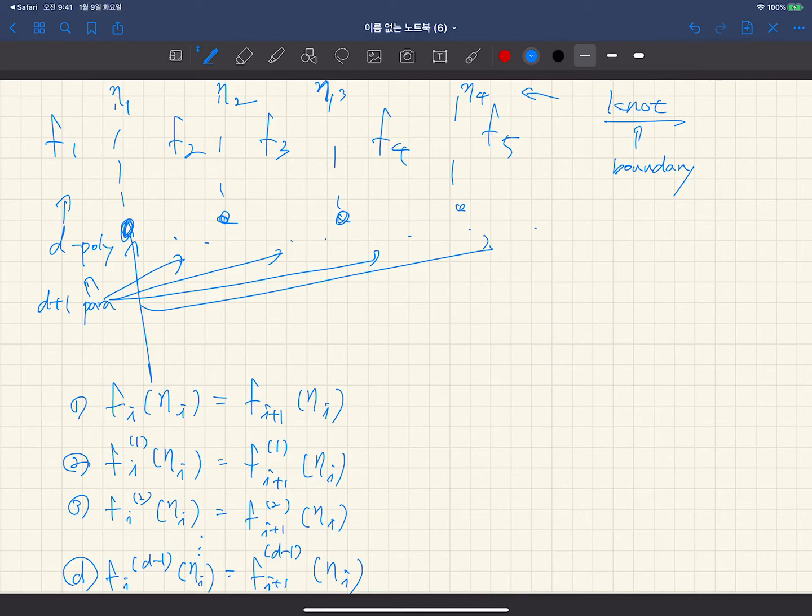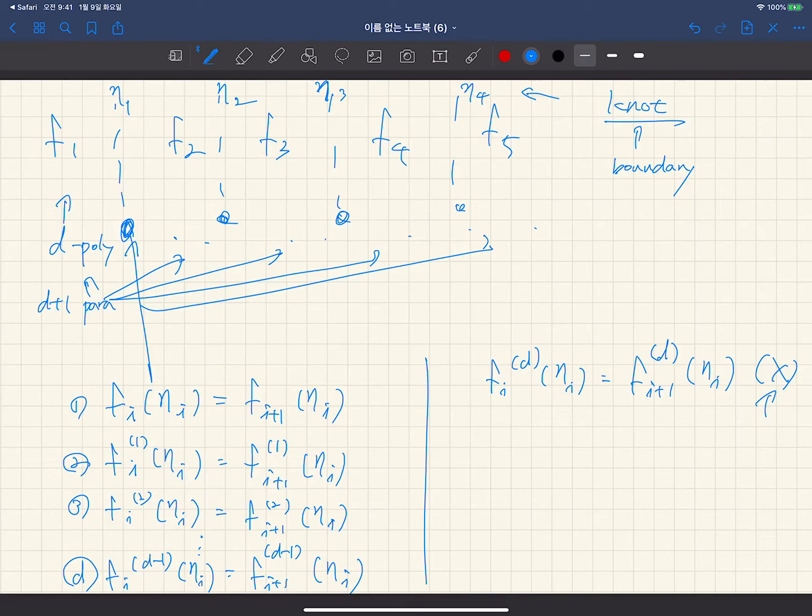Okay, so why not include the d-th derivative? Why not?